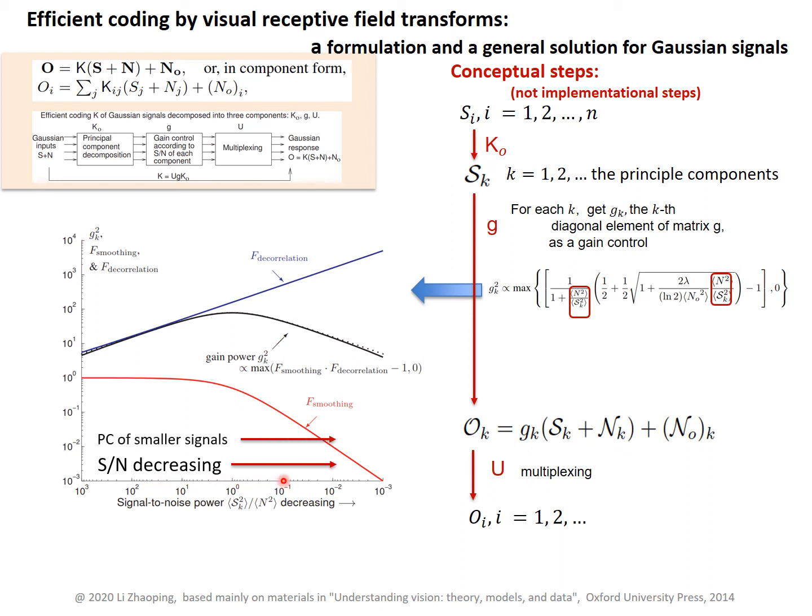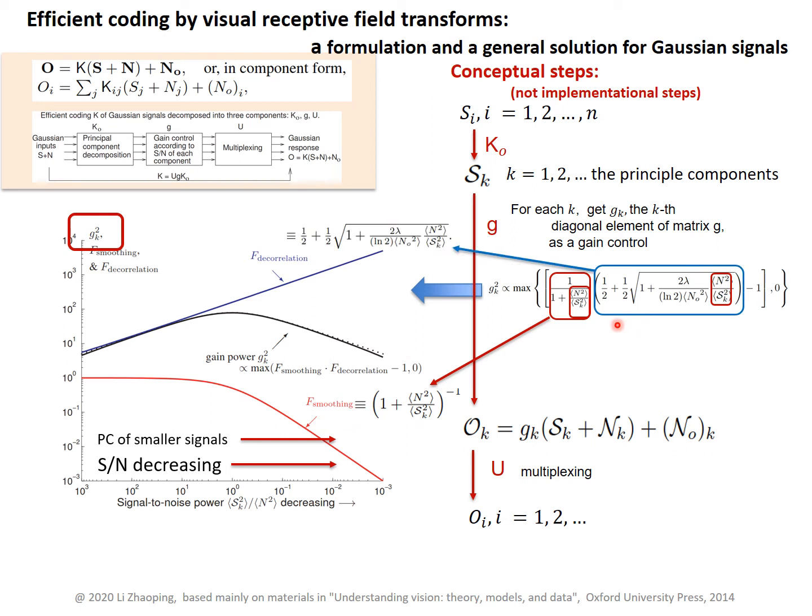This is in order to follow the order of principal components, which is ordered from components with higher signals to those with lower signals. And the vertical axis is for this GK squared. We can see that this GK squared is composed of two factors mainly. One is here, and we call it F smoothing, and the other is there, and we call it F decorrelation.